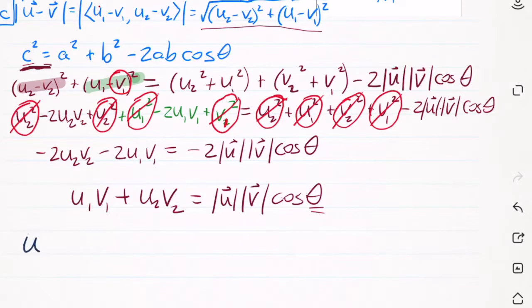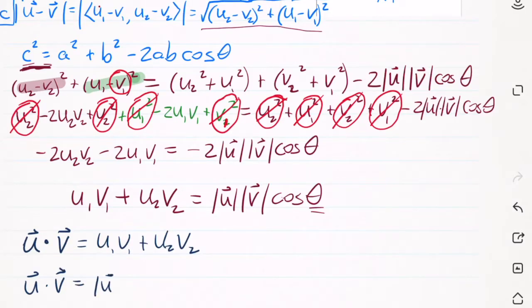So u vector dotted, it looks like multiplication, but these are not numbers, they're vectors, so we have to call it something different. It's a dot product. We're going to let it equal u1 v1 plus u2 v2 as one possibility, but we're also going to define u dot v as the other side of the equation, which is the magnitude of u, magnitude of v, cosine of theta.